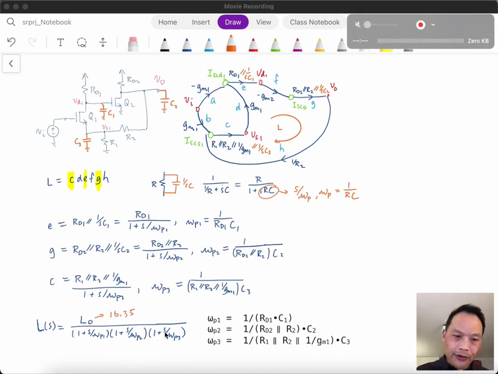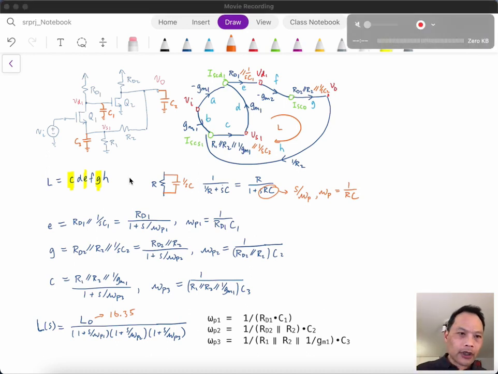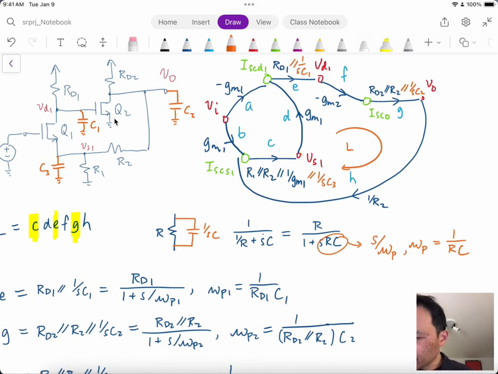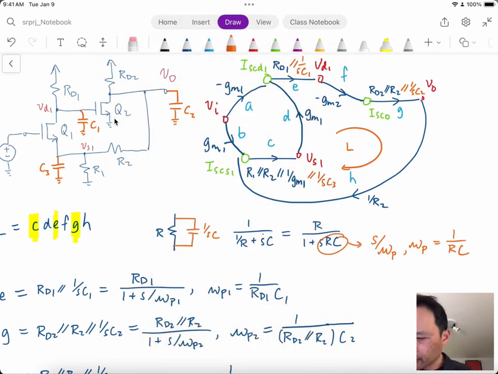So you can see it's a third order response, and now we have algebraic expressions to determine the pole frequencies. All right, so let's try to put in some preliminary values, just an initial set of values, and see how that turns out.